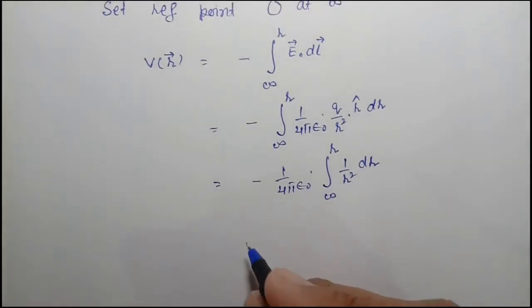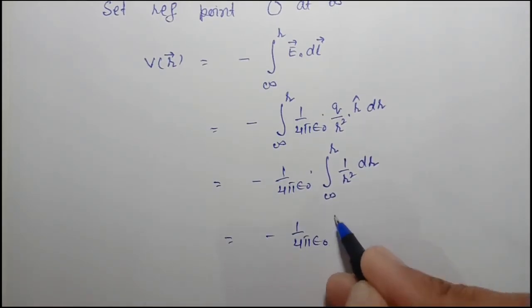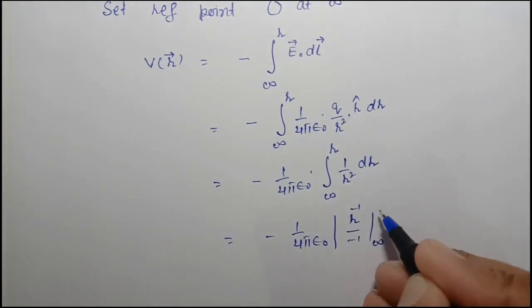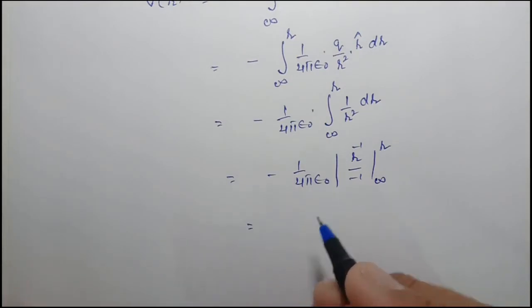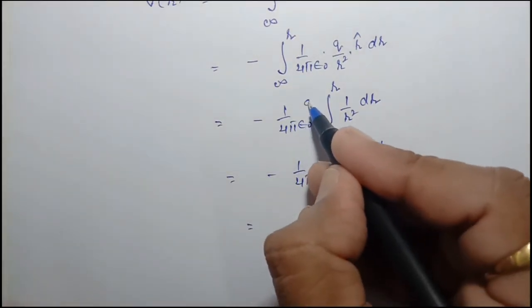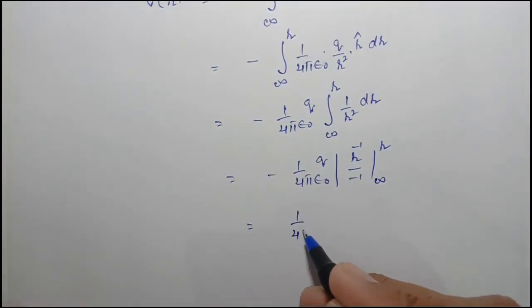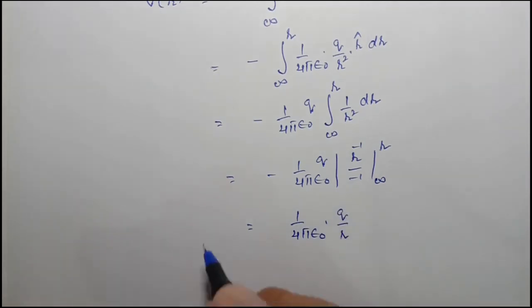So when we solve this integral, we can write minus 1 over 4 pi epsilon naught, here the limit is minus 1 over r from infinity to r, and also here we have a q. This is equal to 1 over 4 pi epsilon naught times q over r.